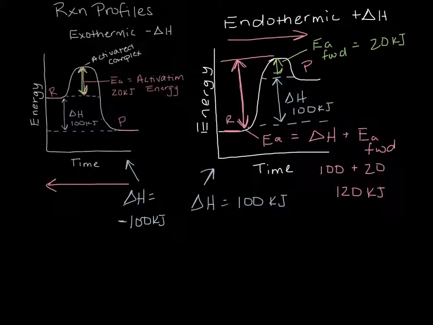So no matter what they give us, if they give us two of the three pieces, either our activation energy for our reverse reaction or for our forward reaction and our delta H, we can find the other piece.